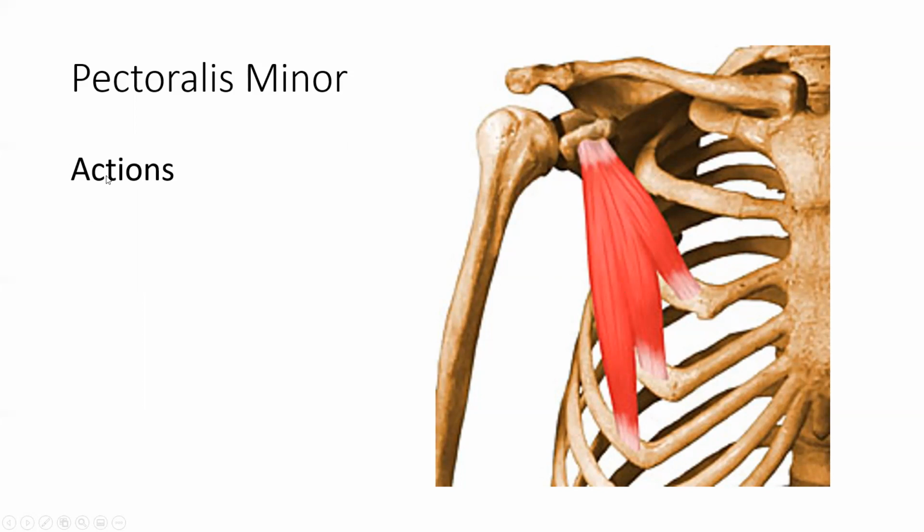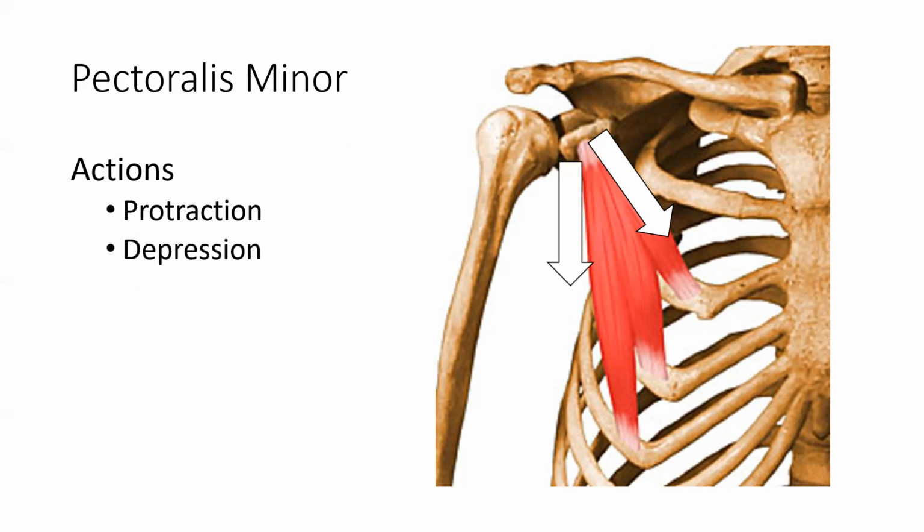An anterior movement would be protraction, drawing the scapula anteriorly, bringing that posterior scapula towards those anterior sites on the costae. We can also see depression here because we're going to pull that coracoid process inferiorly, because we have an inferior origin. So here are our primary motions, protraction and depression.